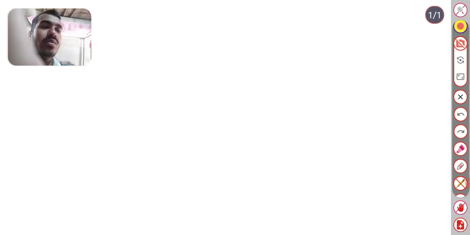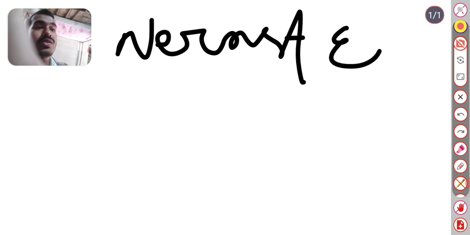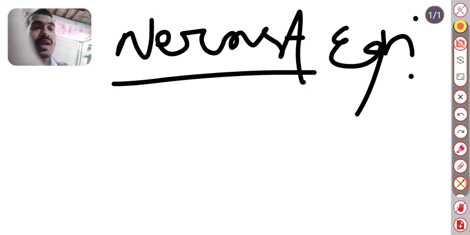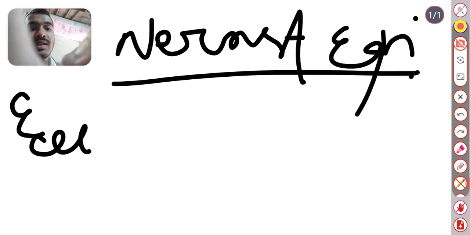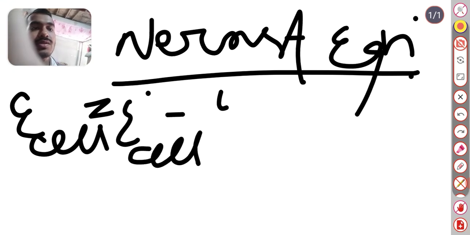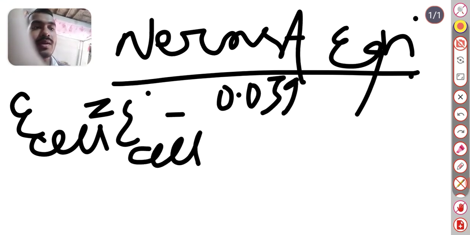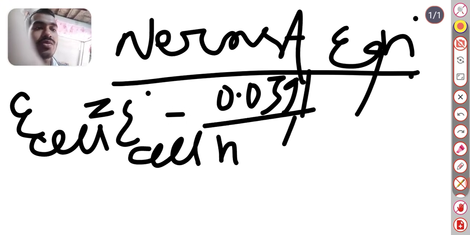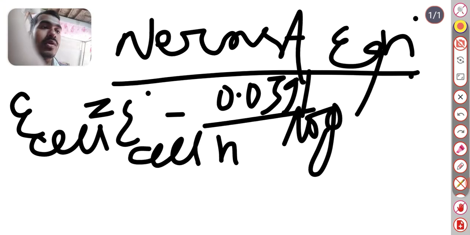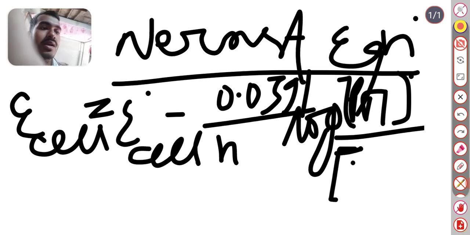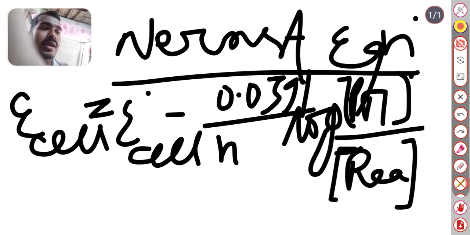So next we'll move to the Nernst equation. Okay, the Nernst equation: E cell equal to E naught cell minus 0.0591 upon n into log of product ions concentration upon reactant concentration.